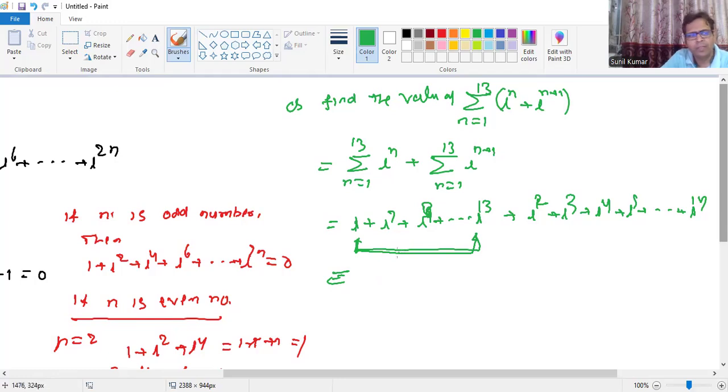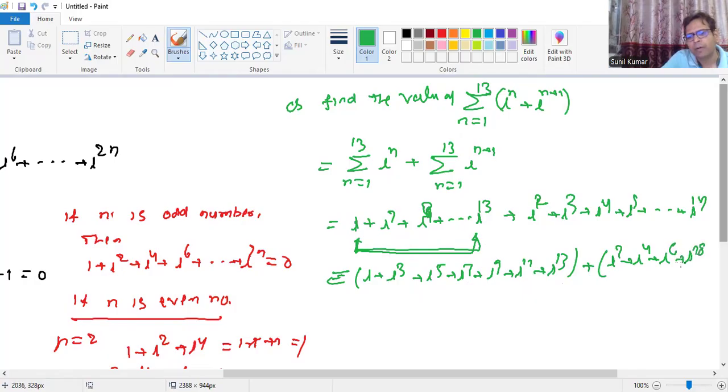So what we get here: i plus i cubed plus i to the power 5 plus i to the power 7 plus i to the power 9 plus i to the power 11, up to i to the power 29, which I'm considering as one group. Similarly, the remaining are i squared plus i to the power 4 plus i to the power 6 plus i to the power 8 plus i to the power 10 plus i to the power 12, and so on.